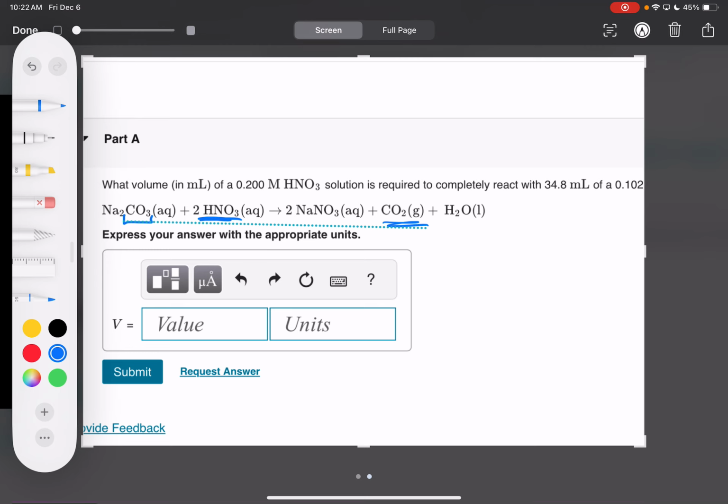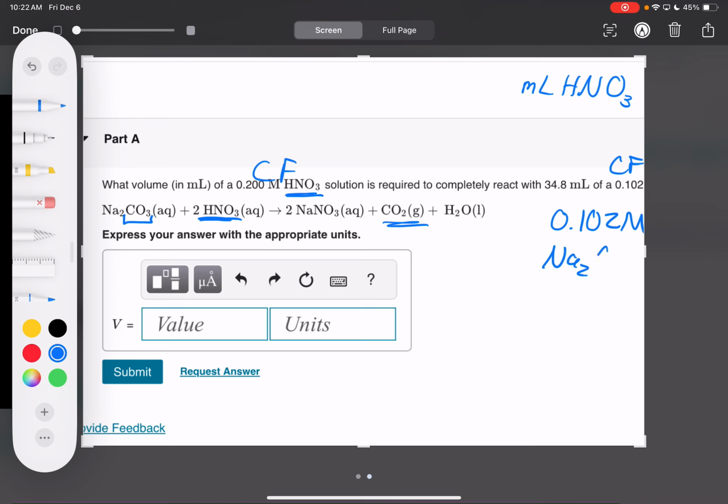Okay, let's just treat it as a simple stoichiometry problem to start. It says, what volume in mL of HNO3? So let's kind of do our route plan. We are looking for milliliters HNO3. And we'll use this as a conversion factor. It said 0.02 molar Na2CO3.